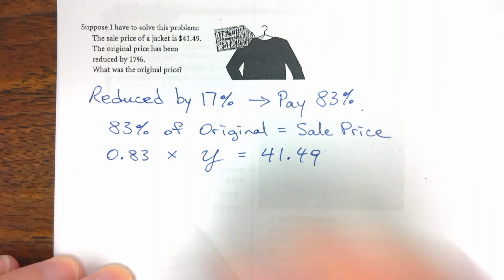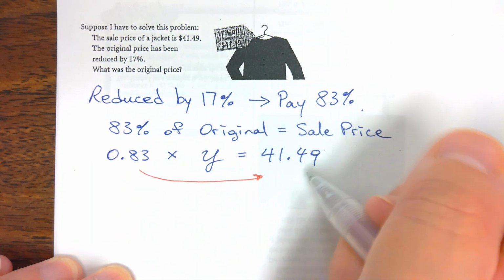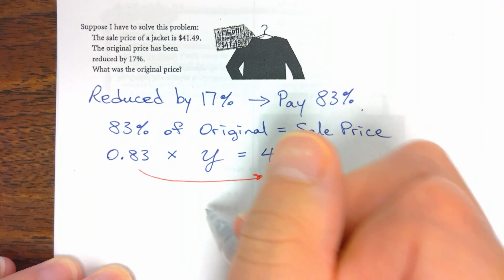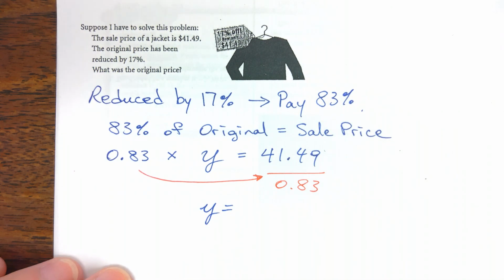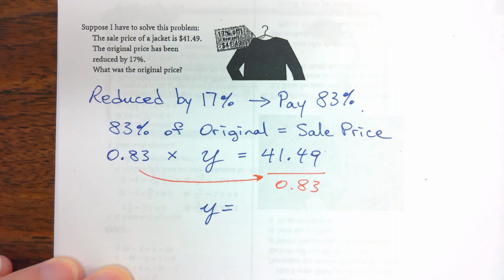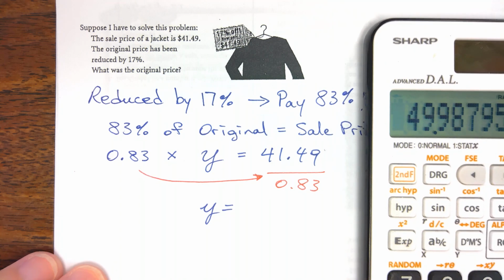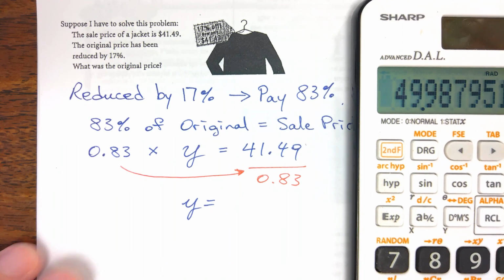Okay. So when you divide it, $41.49 divided by 0.83, you get this.